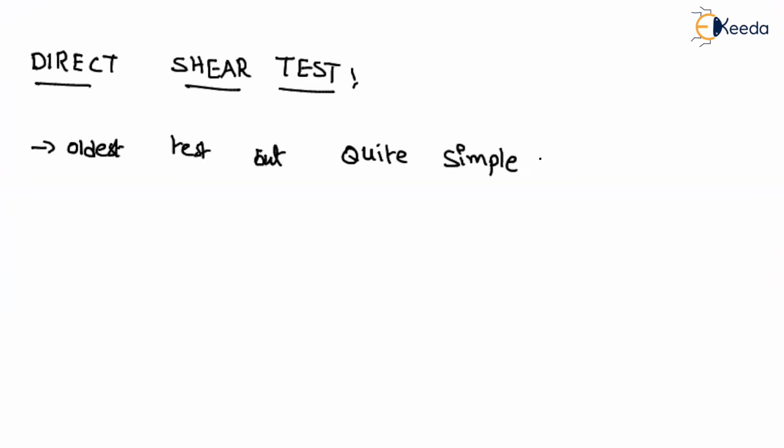There is a split between these two boxes, and along that the failure plane will occur. So in this method the failure plane is known beforehand. Why? Because the failure plane is always horizontal. This is just an introduction to this method.